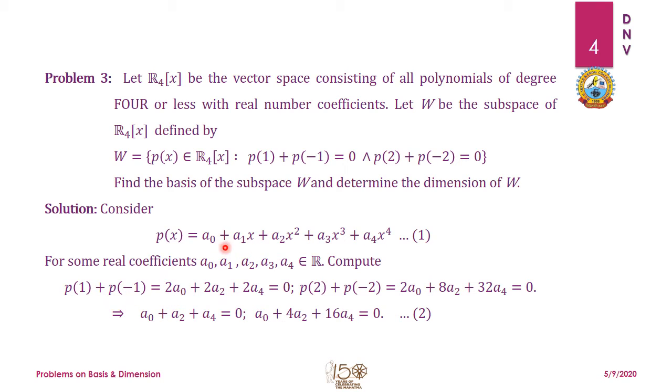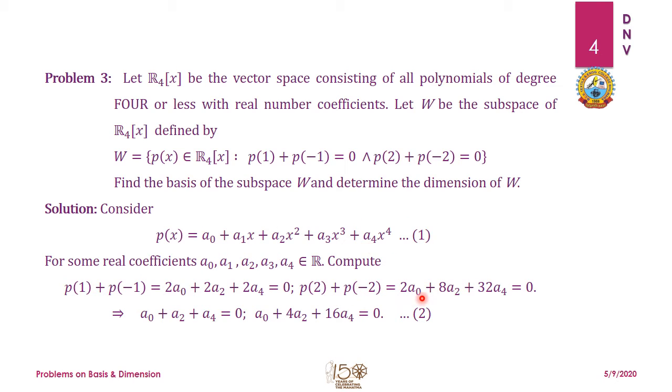And if I write x equal to minus 1, then alternating signs will be there: a0 minus a1 plus a2 minus a3 plus a4. So if I add all those, I get only 2a0, 2a2 and 2a4, because all the odd terms a1 and a3 will be cancelled because of the plus and minus signs in the equation. A similar expression can be obtained by putting x equal to 2 and x equal to minus 2 in equation number 1.